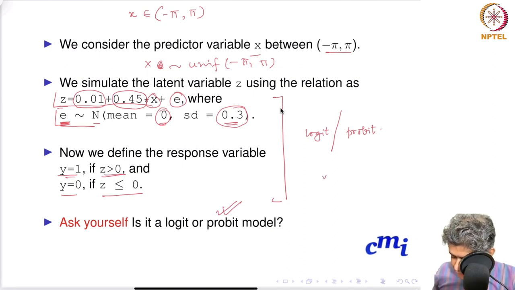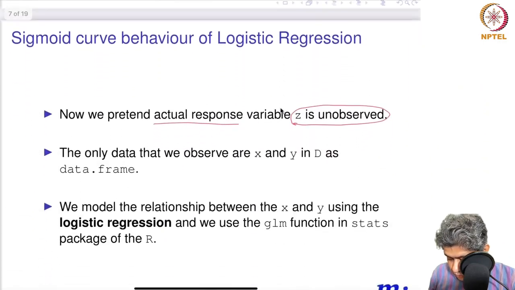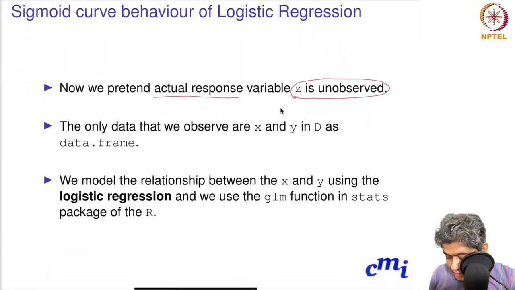Now I will pretend that I have only y and x, and I will delete all the z values. The only data that we have is x and y in D as a data frame.